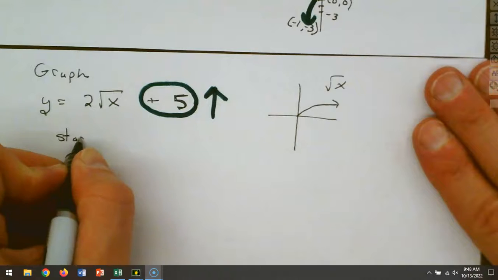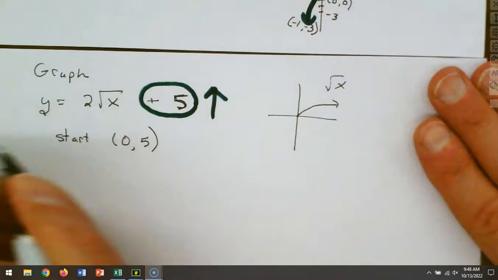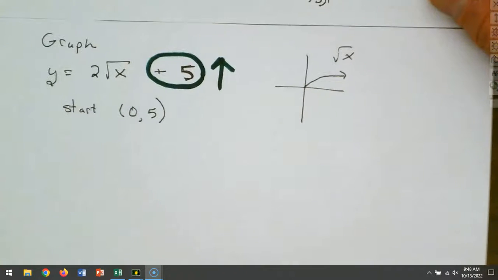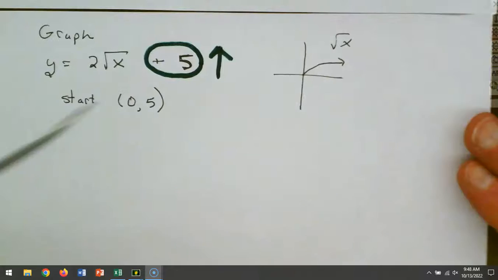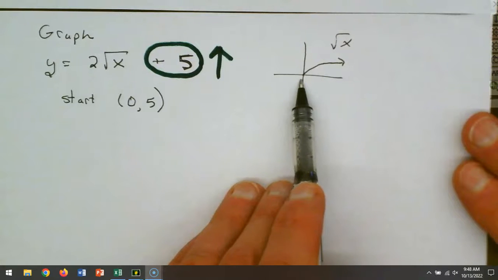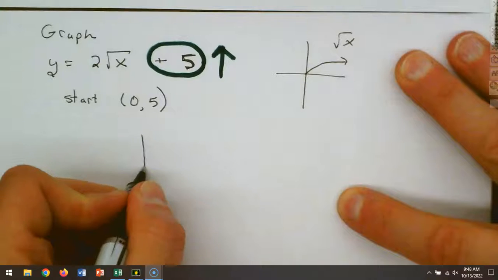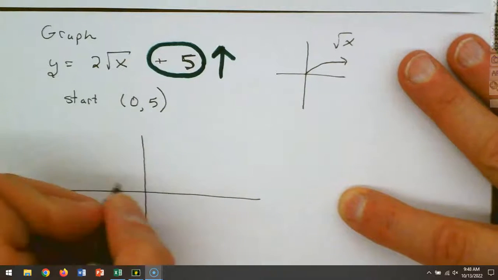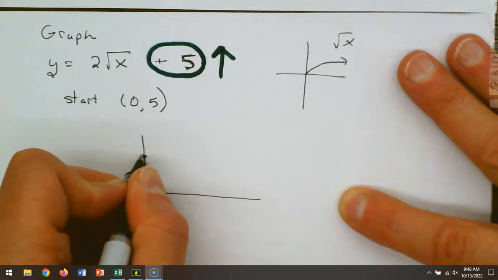Well, I'm going to start at 0, 5, because that is your y-intercept there. Okay? Now, the graph needs to look like this. So let's go ahead and plot our point. And it's going to be at 0, 5, so that's at 0, and up 1, 2, 3, 4, 5 units.